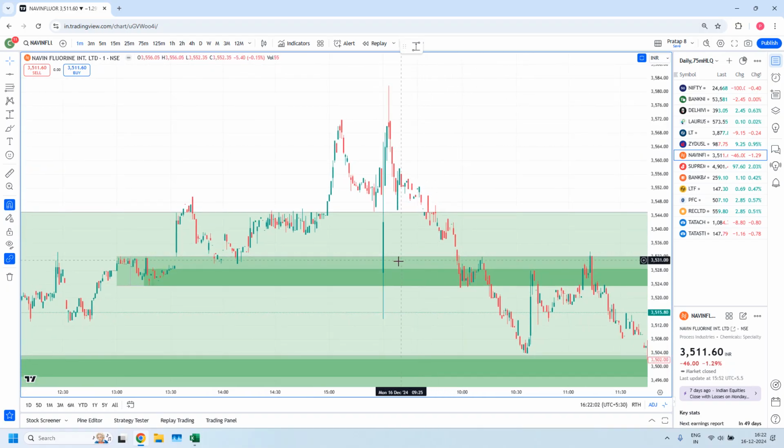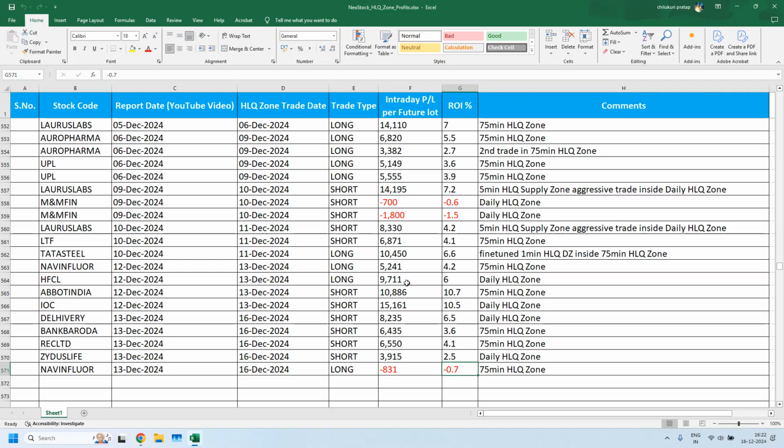All the remaining trades took place after this 9:15 candle only. So there is no question that you took a trade here, got stuck, and missed the remaining trades. There is no such excuse to tell. Definitely all of you would have taken a trade in one of these stocks.